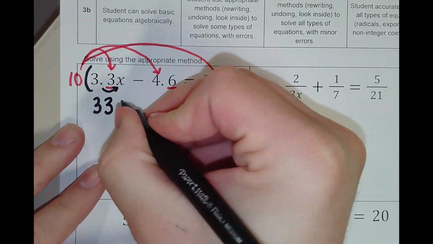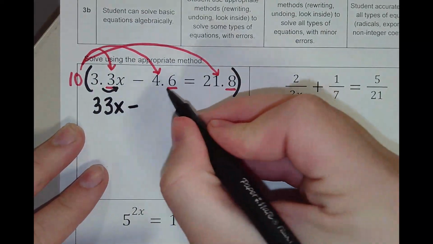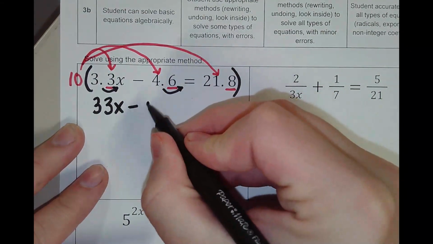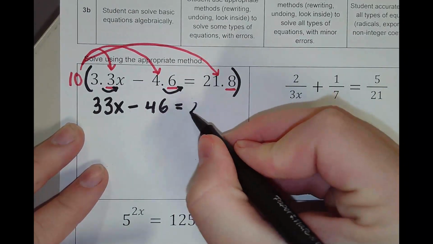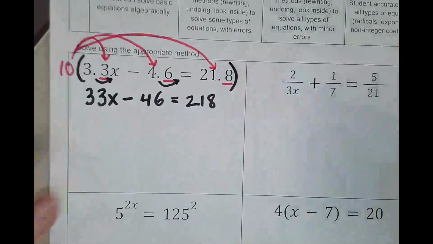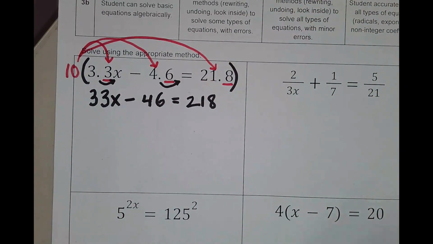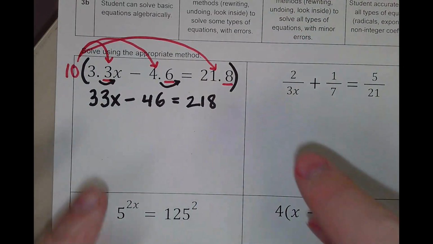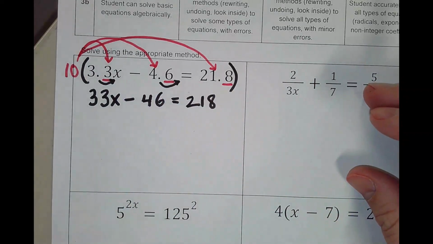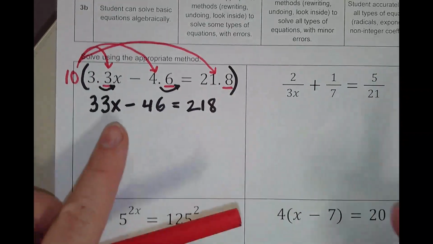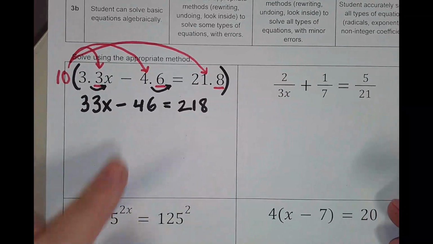So that's going to be 33x minus 46 equals 218. I can also encourage you to use your calculators if you are unsure about moving over decimal places, because that could happen on your test. Then use a calculator. Make sure that you're doing these multiplications correctly.